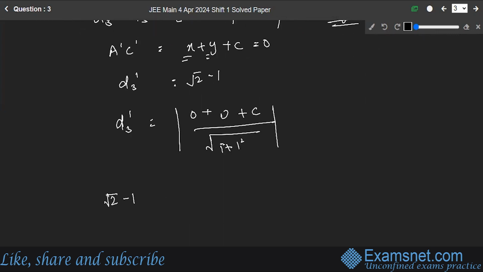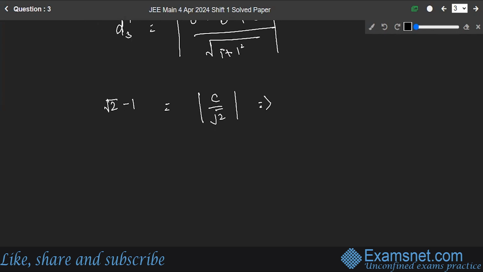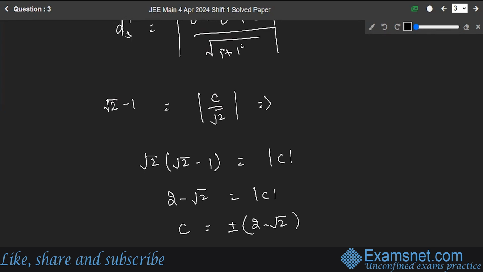So you have root 2 minus 1 is equal to C upon root 2, or you have, let's do the multiplication, root 2 into root 2 minus 1 is equal to modulus of C, or this will be 2 minus root 2 is equal to mod of C, or C is equal to plus minus of 2 minus root 2, right? Hope you are clear till here. Now we have got the value for C. C can have either of these two values.